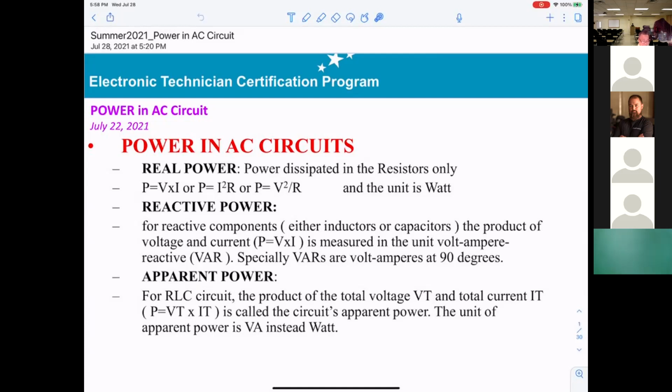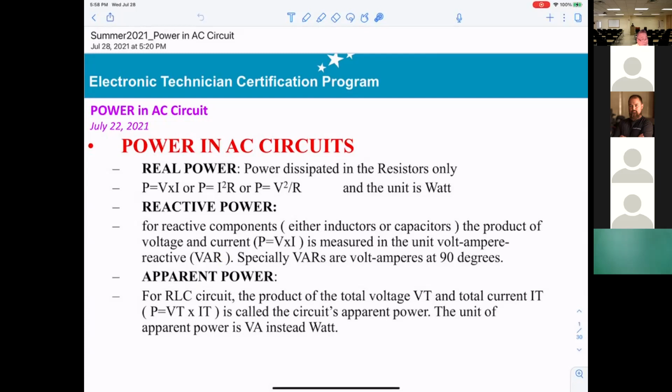And we know the real power applies only for the resistor. Reactive power applies for the capacitor and inductor. And the unit will be VAR. Okay?